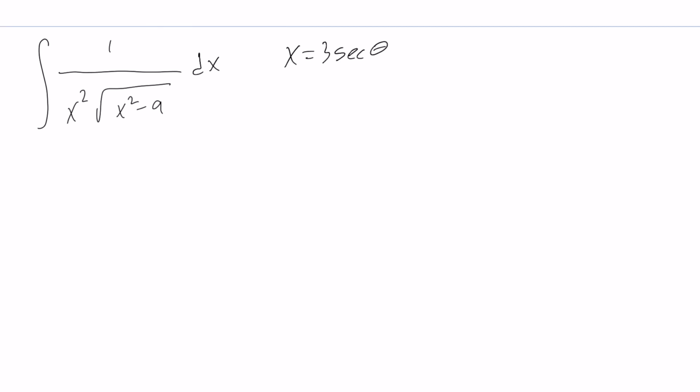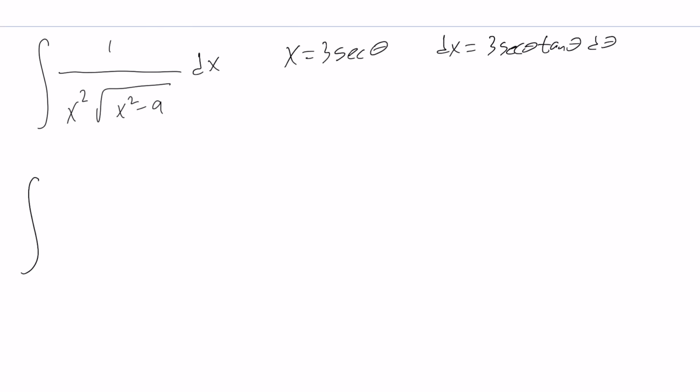If my x is 3 secant theta, then dx is 3 secant theta tangent theta d theta. So I'm going to plug in a 3 secant theta every time I see an x, and a 3 secant theta tangent theta d theta every time I see a dx.